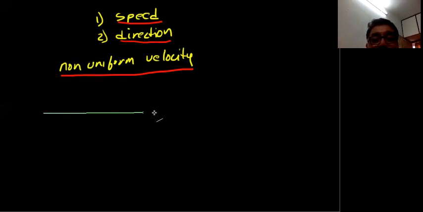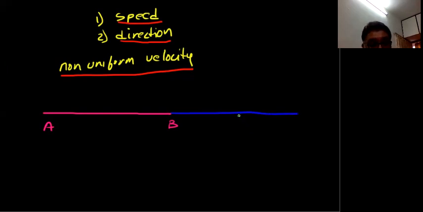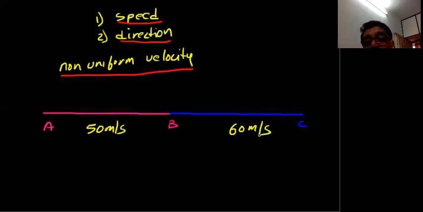Suppose a car is going from point A to point B, and then it starts from point B and goes all the way up to point C. Now, what we are saying is that if the speed of the car from A to B was 50 meters per second and the speed of the car from B to C was 60 meters per second, the direction is always going from left to right.